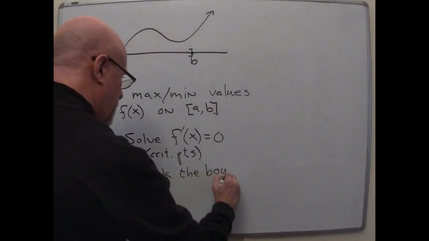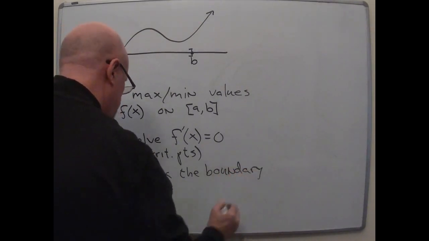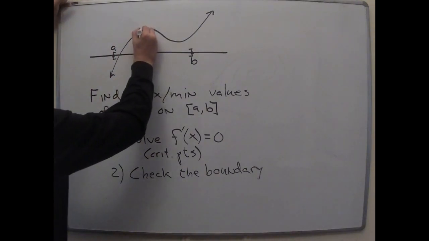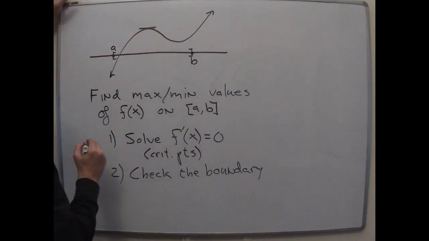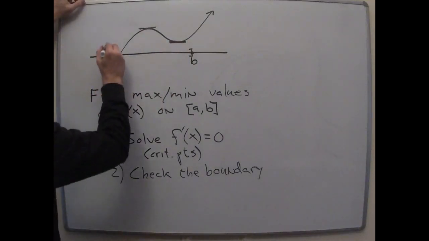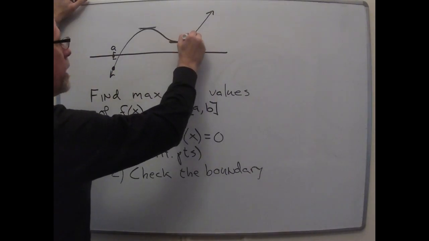That is, in this case, the values where x is equal to a and to b. So let me just do this graphically. There is a critical point, a place where the tangent is horizontal. Here's another critical point. Checking the boundary gets me down to here and up to there.